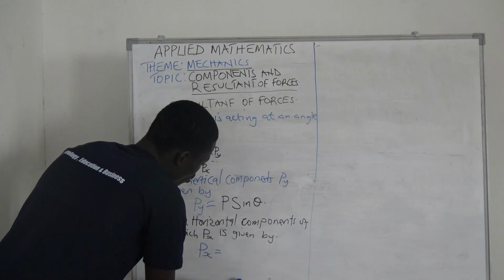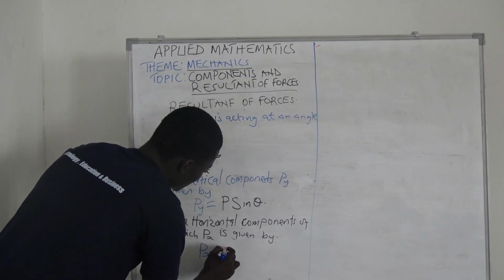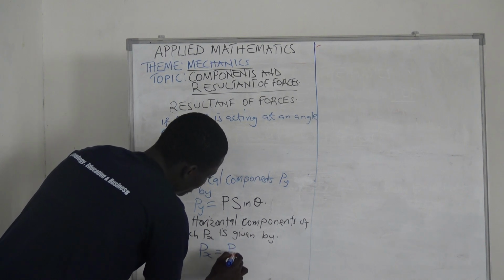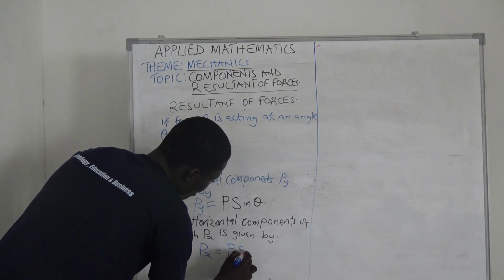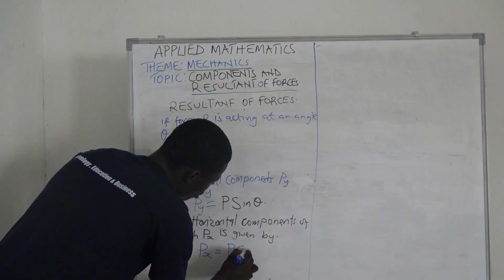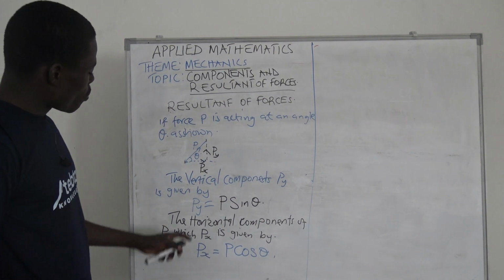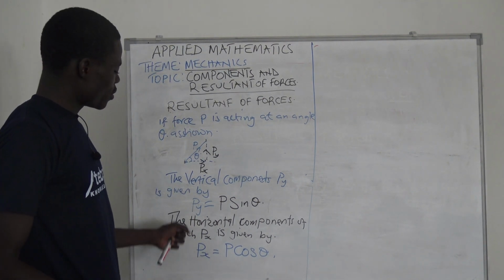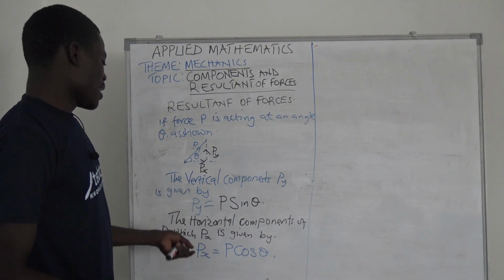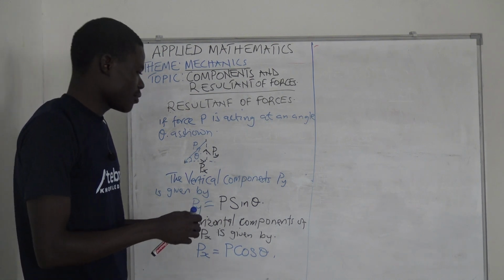We said we use cos star. Sorry for that. Our horizontal component is that force P times cos star, P cos theta. So these are two components of forces which we are looking at. This is from the previous lesson what we have been looking at.